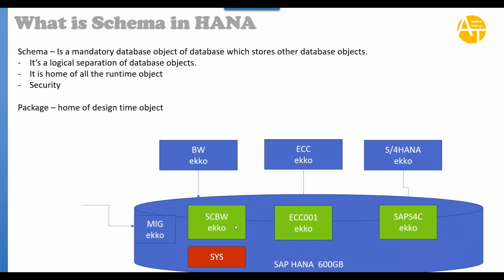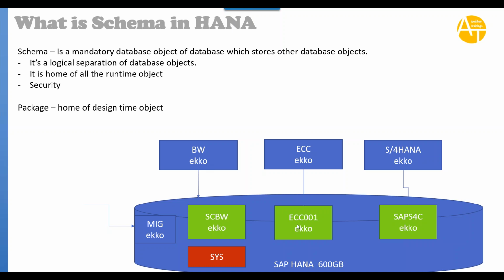So what you do is create three schemas: SAP BW schema, SAP ECC schema, and SAP S/4 schema. And all these three systems connect to their dedicated schemas. So suppose there is a table called EKKO, the purchase order header table. If you have just one database, you can't have the same table storing data for BW, ECC, and S/4.